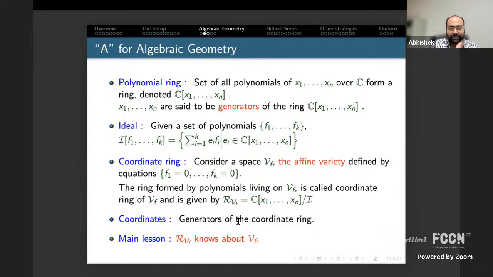The generators of this coordinate ring, R(VF), we call the coordinates. So the main lesson here is that R(VF), which is roughly an algebraic quantity, basically knows about VF, which is the geometric quantity.